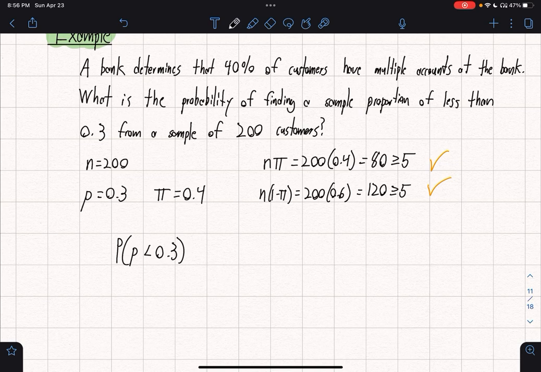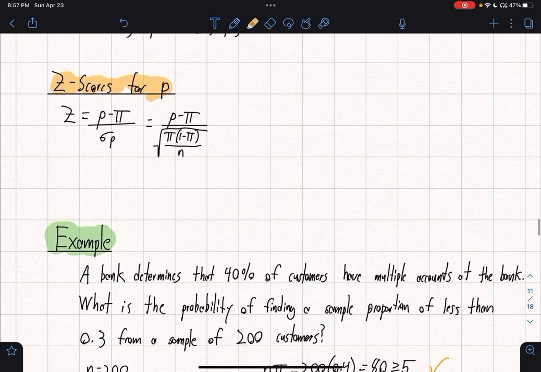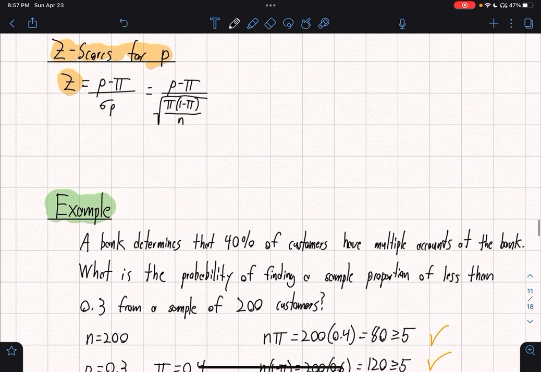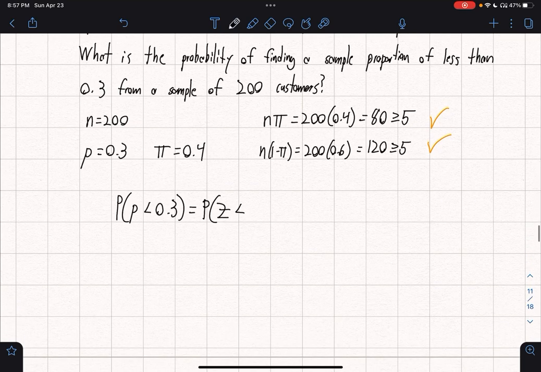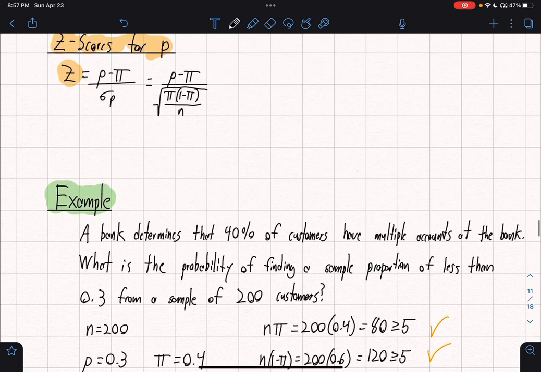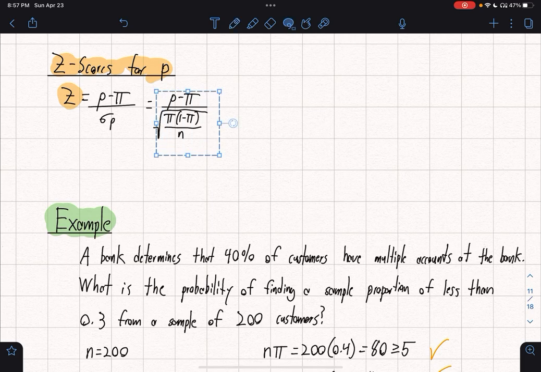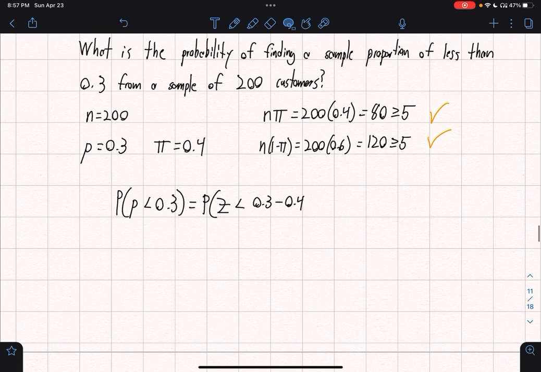So we have the probability that p is less than 0.3. I'm going to say this is equal to the probability that z is less than, and now we're just going to use our formula, this one right up here. All we're doing is plugging into this formula.